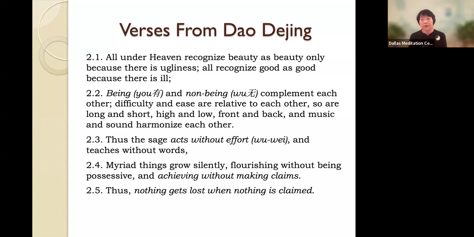If we don't have one side, if we don't have ugliness, then beauty means nothing, right? And good and evil, we have something not desirable, then we have something desirable.